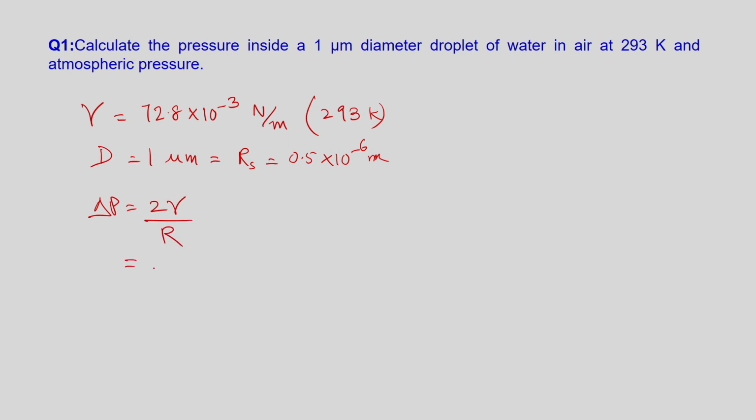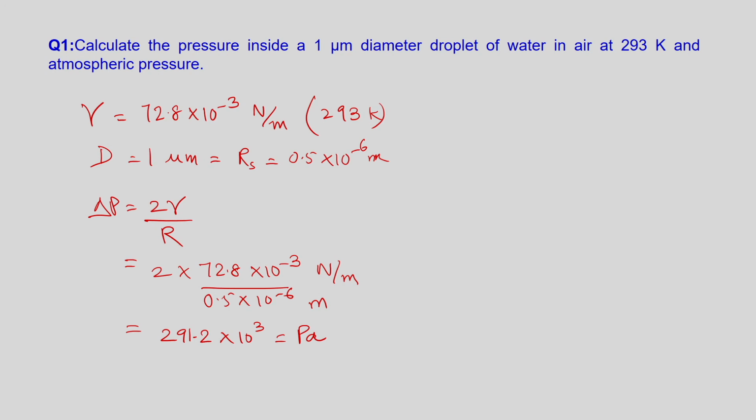Now, let us see what is the pressure applied: 2 into 72.8 into 10 to the power of minus 3 Newton per meter by the radius 0.5 into 10 to the power of minus 6. So, if you simplify, the delta p comes out to be 291.2 into 10 to the power of 3.